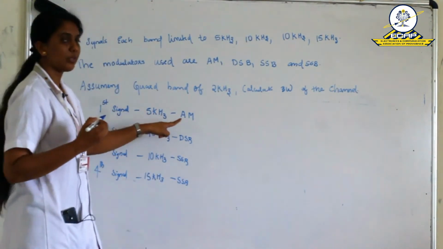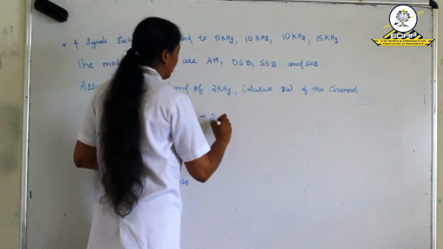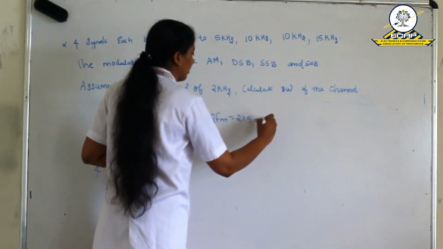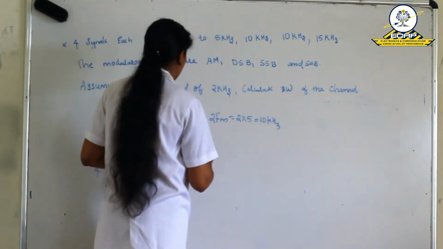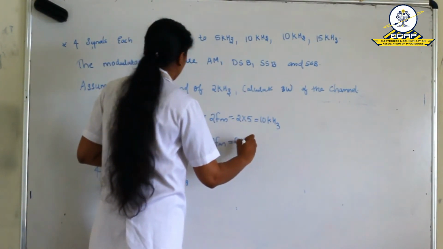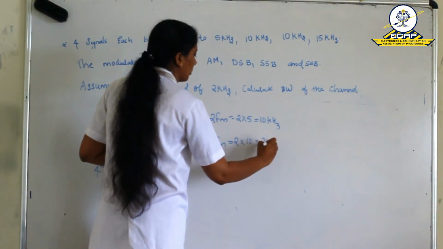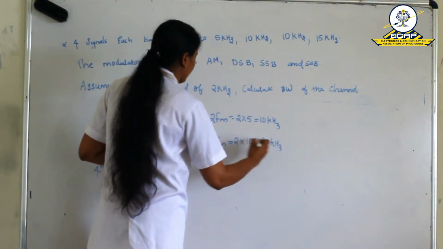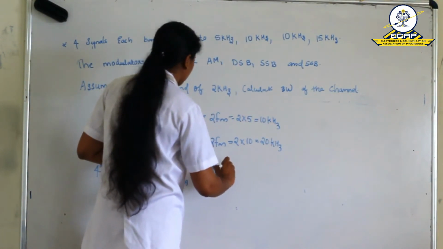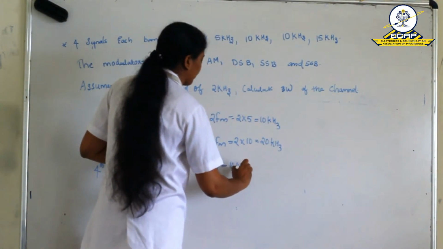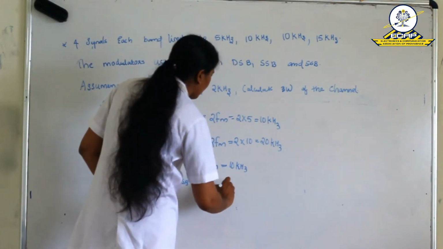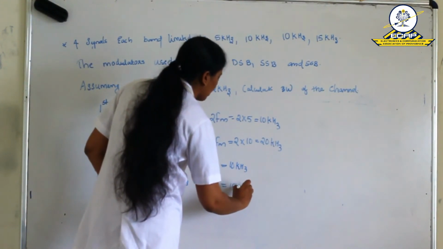The bandwidth of AM, you know, is 2 fm, that is 2 into 5, that is 10 kHz. The bandwidth of DSB is also 2 fm, that is 2 into 10, equal to 20 kHz. The bandwidth of SSB is fm only, so it is 10 kHz. The bandwidth of the other SSB is also fm, that is 15 kHz.